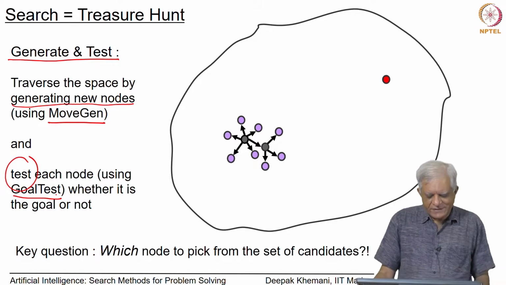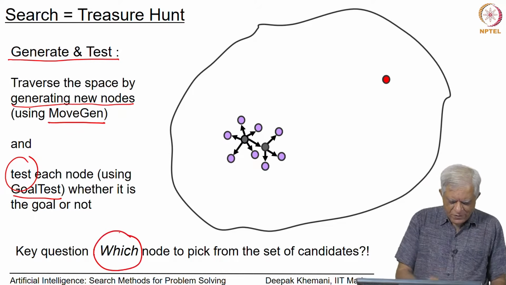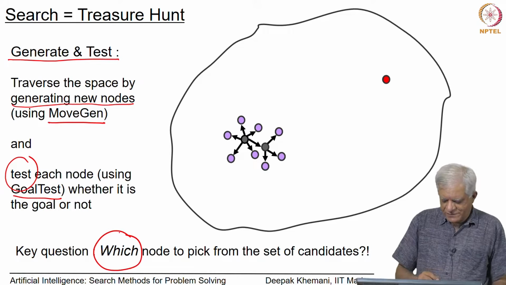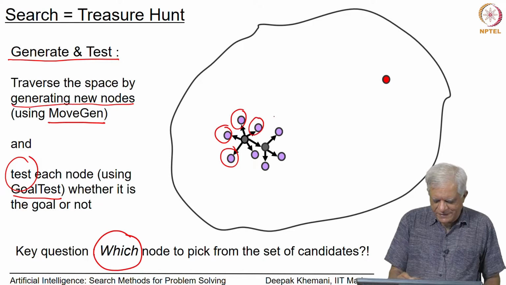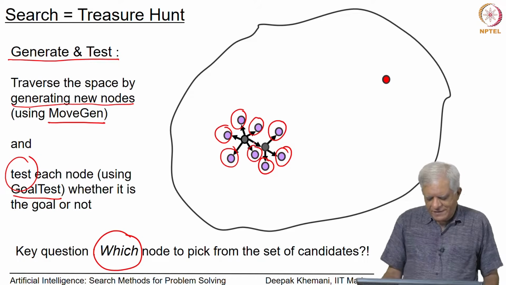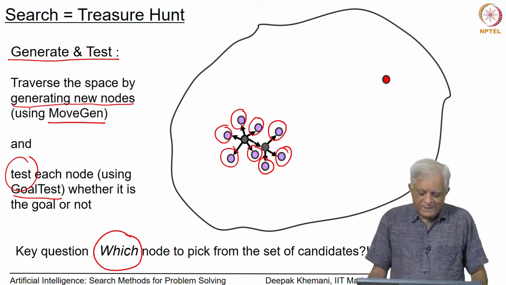And the key question here is going to be which node to pick from the set of candidate states. So, in this diagram you see that we had all these nodes which we said were on the open list, and which one should we inspect next. Now, obviously, if we somehow knew magically which is the one that takes you to the goal state, we would do that.